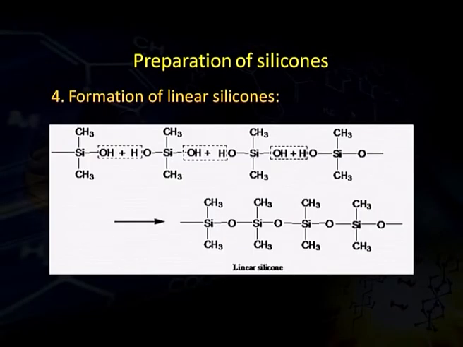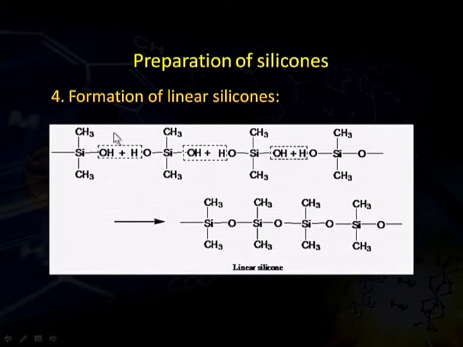Next is the formation of linear silicones. In linear silicones, we can see we have different silicon units, like one is present here, the other is here, and between these two silicon units we find these have OH. A water molecule is eliminated from the two, OH from one and the hydrogen from the other, and these two units are now joined by the oxygen.